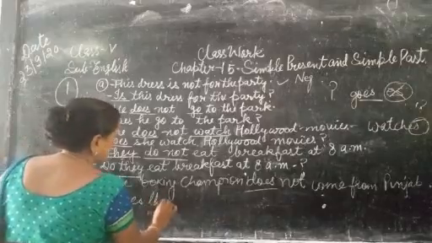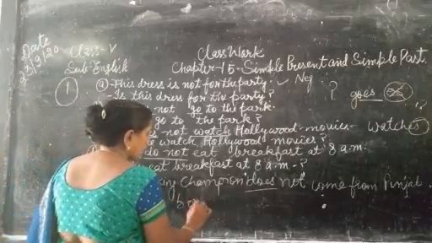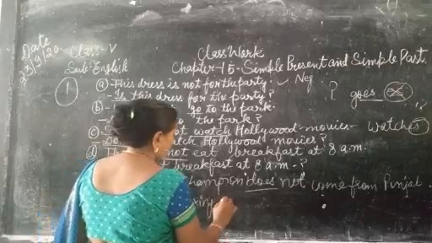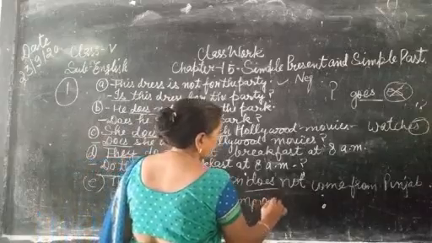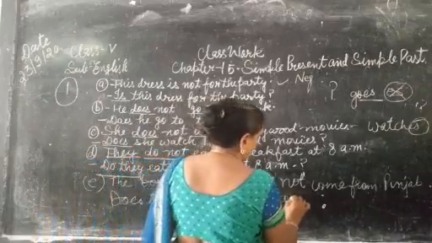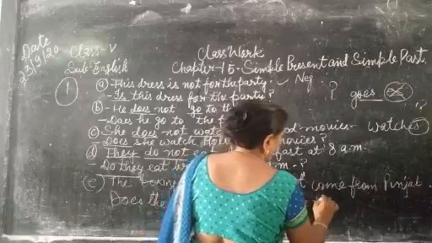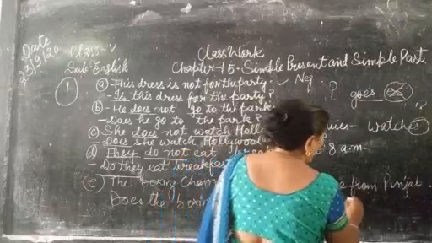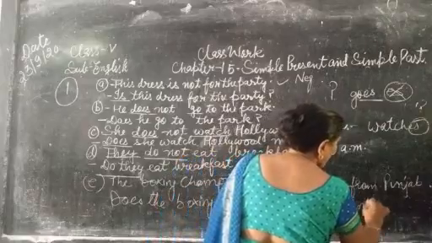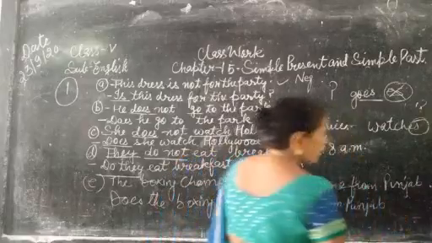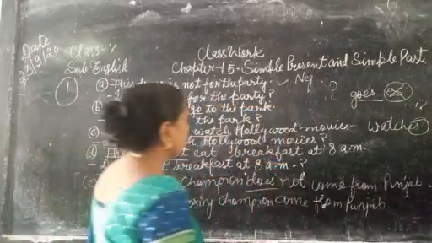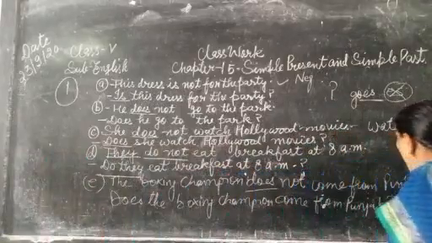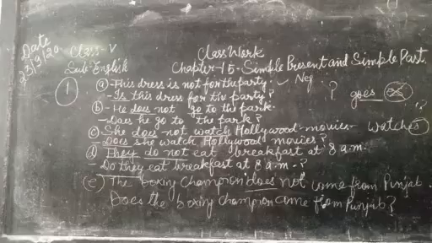The boxing champion come from Punjab. Punjab is the name of a state of our country. Does the boxing champion come from Punjab? Add interrogative sign at the end.